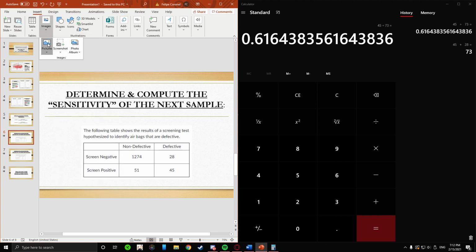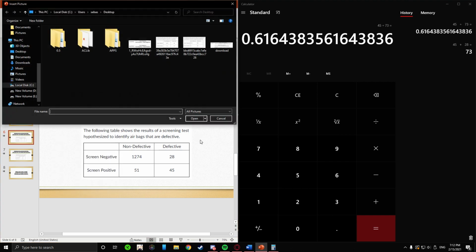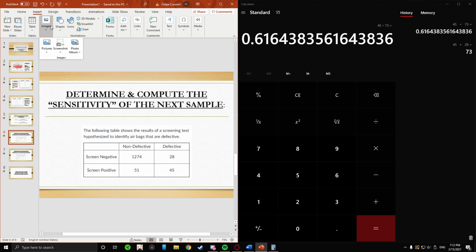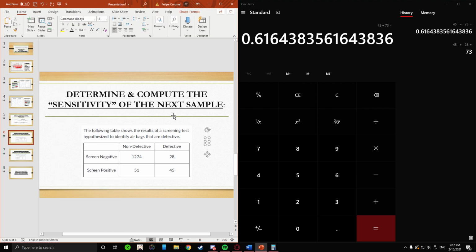So we're going to put here x equals 62%.